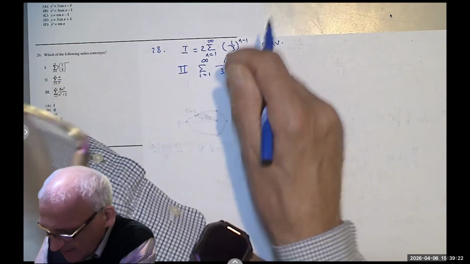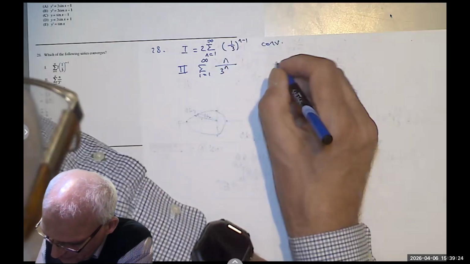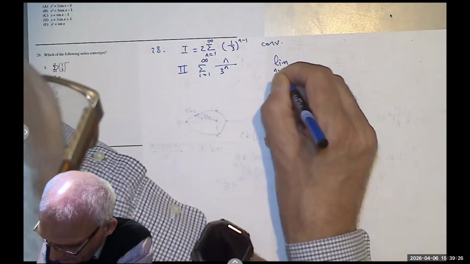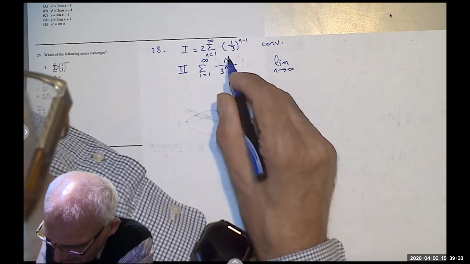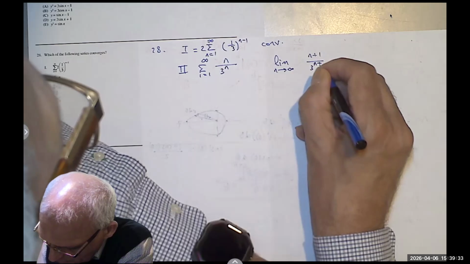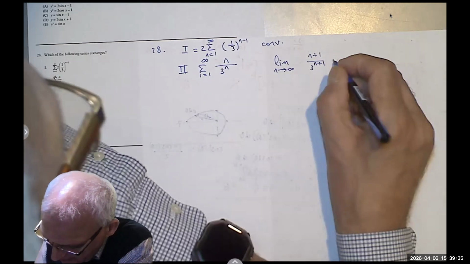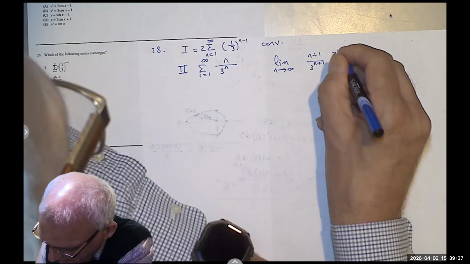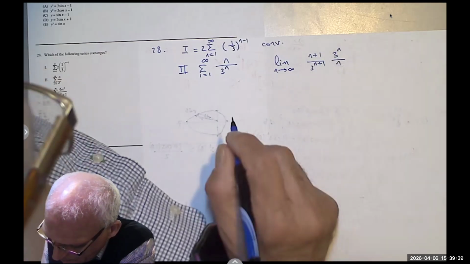So you take the n plus first. You're going to take the limit as n approaches infinity. The next one is n plus 1 over 3 to the n plus 1, divided by n over 3 to the n, meaning I'm going to reverse these and make them 3 to the n over n.